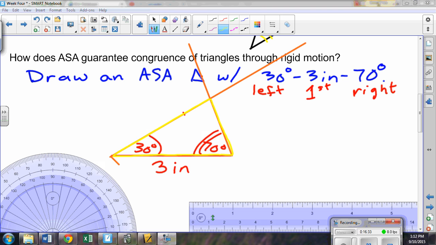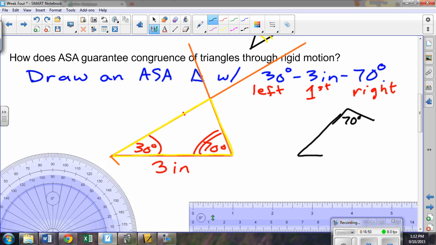Josh made a comment that one of the pieces he had was a different triangle, because he said he had the 70 at the top, and I'm just doing a quick sketch, not an accurate drawing, the 30 here, and then the 3 inches on the bottom. Remember the name of this.